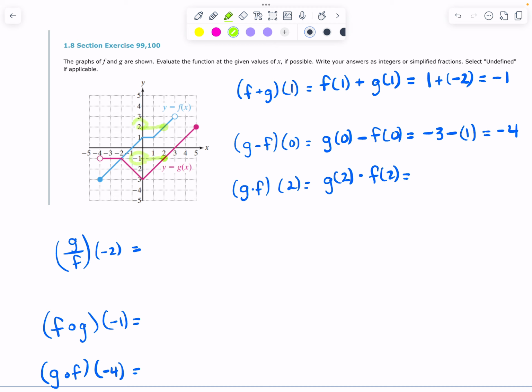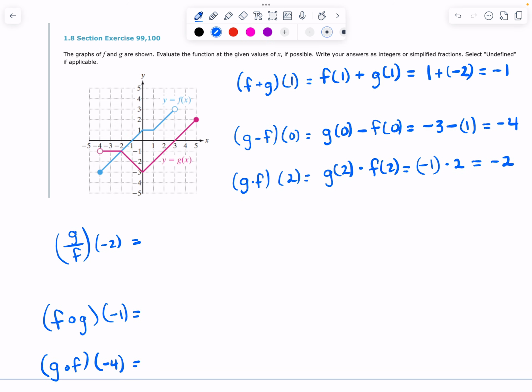So we have a negative 1 and a positive 2. So g evaluated at 2 is negative 1, and f evaluated at 2 is 2, and negative 1 times 2 is negative 2. Okay, let's clear our graph.